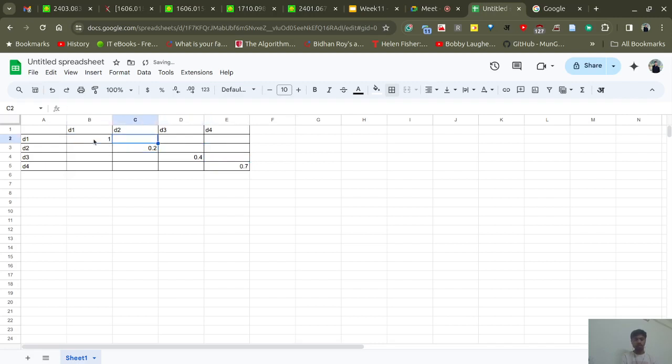In the covariance matrix, because it is symmetric, if we are calculating this part we don't need to calculate the other because they are equal. So we can just calculate one side, the diagonal and this part.